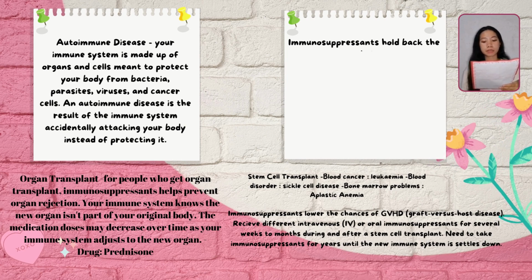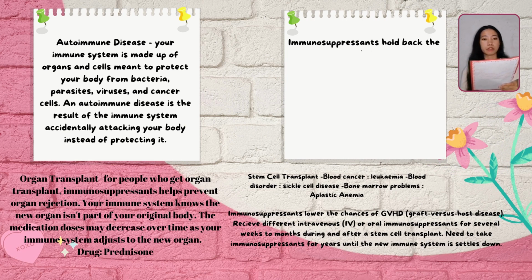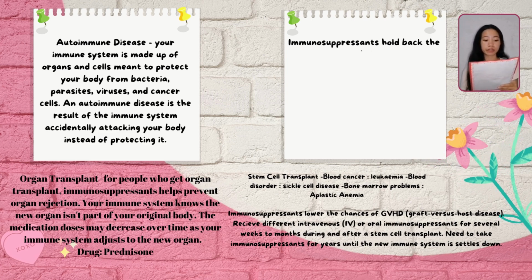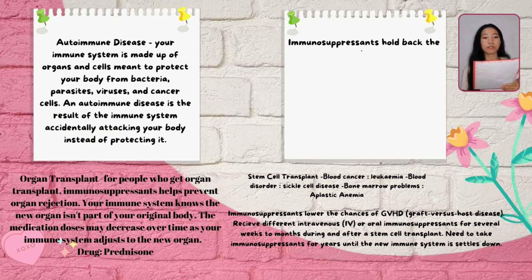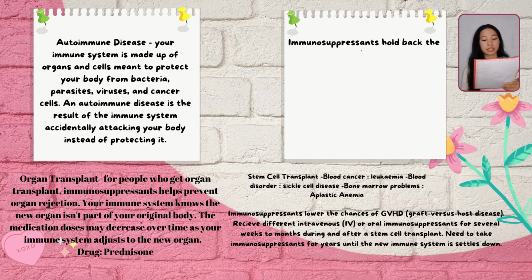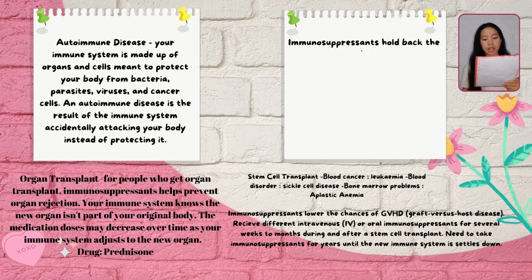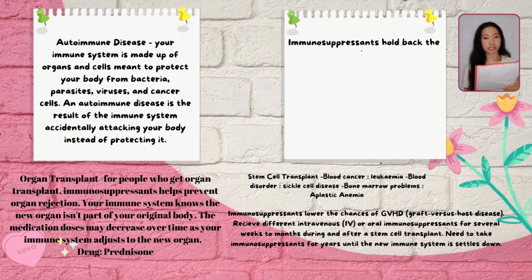Your immune system is made up of organs and cells meant to protect your body from bacteria, parasites, cancer cells, and viruses. And autoimmune disease is the result of the immune system accidentally attacking your body instead of protecting it. It's unclear why your immune system does this.